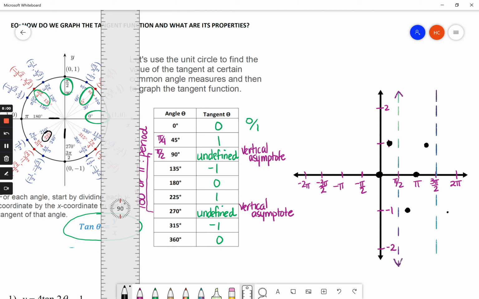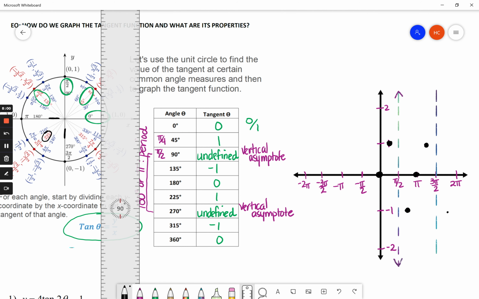So what you're going to notice is at every 180 degrees, we are going to have a vertical asymptote happening. So I'm just going to draw another one right here for our negative values, and I could draw another one right over here, because the pattern is going to continue. It's periodic.